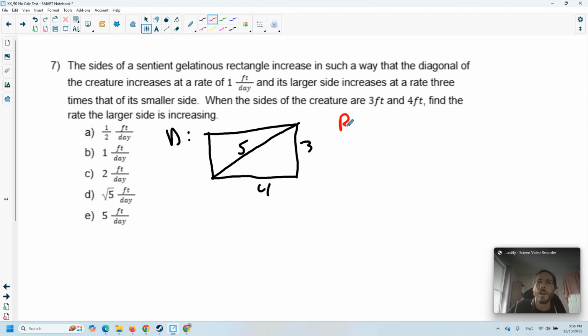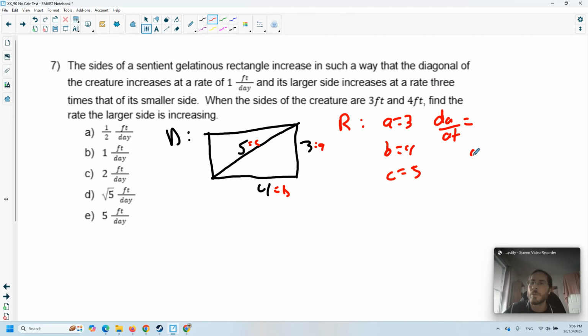So in the rate box, we can put those in. I'll just call these A, B, and C, in order, smallest to biggest. So A equals 3, B equals 4, C equals 5. Let's see. The larger side increases at a rate 3 times that of the smaller side.